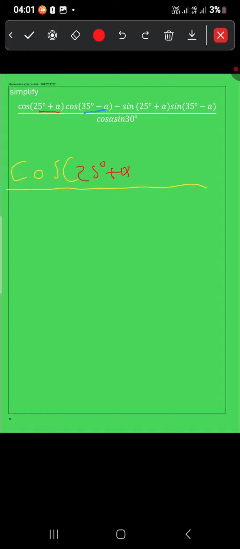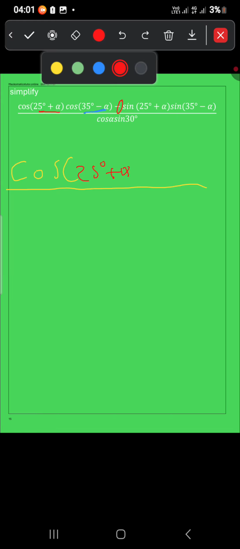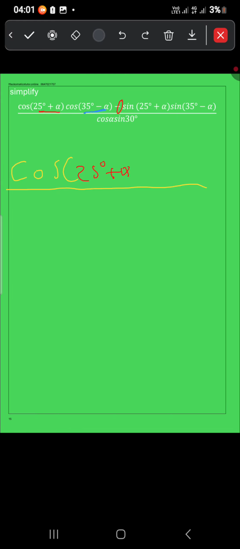Second angle is called, you add it. Since it is a subtraction there, then you add inside. So plus, the second angle is 35 degrees minus alpha, all over cos alpha. 30 is 1 over 2.